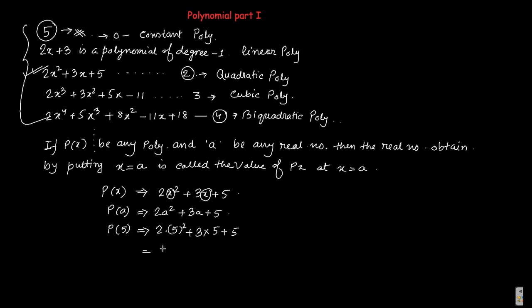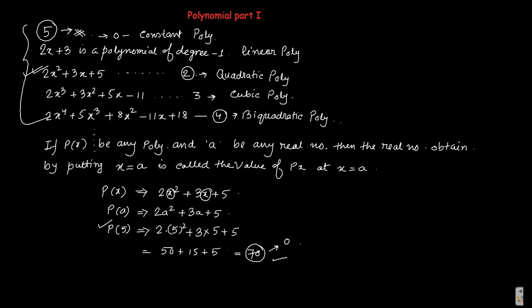It becomes 50 plus 15 plus 5, that is 70, the value of this polynomial. It has degree 0, so it is a constant. For a constant value of x, it can be 5, 3, 2, 1, whatever it is, we get a constant number, which has degree 0. That's why it is called a constant polynomial.